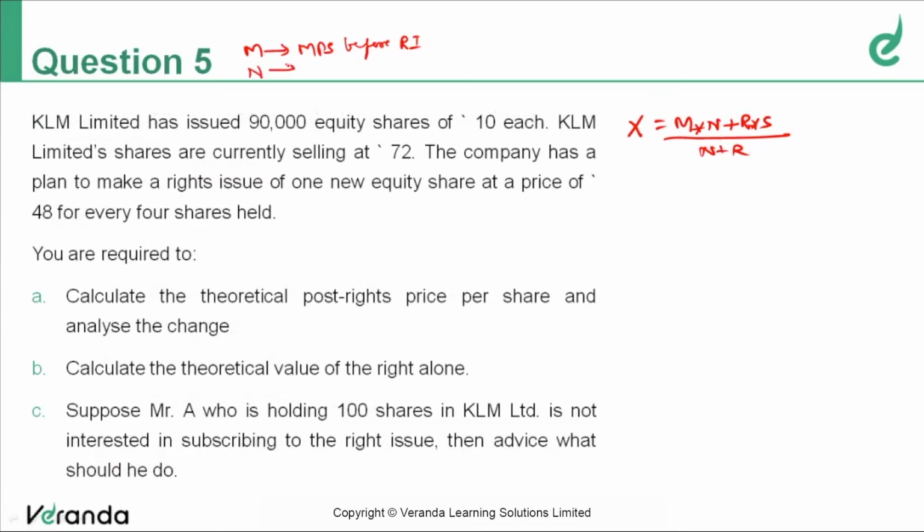N stands for number of equity shares qualifying for rights shares. Then R stands for rights shares. S stands for subscription price of rights shares.